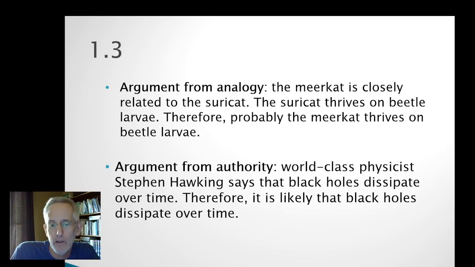Now, if I used the wrong kind of authority figure, it would make the argument much weaker. If I said Lyndall Rowe, I'm a philosopher, says that black holes dissipate, then that's not a particularly compelling argument because my area of expertise is not black hole physics. So the strength of an argument from authority is based on how authoritative the actual individual is that's being referenced.